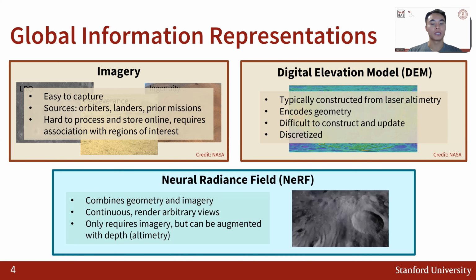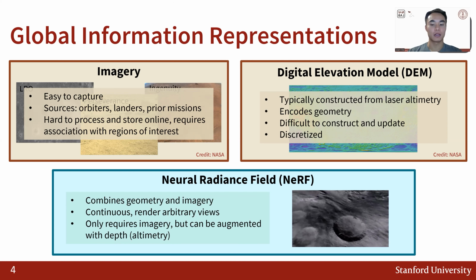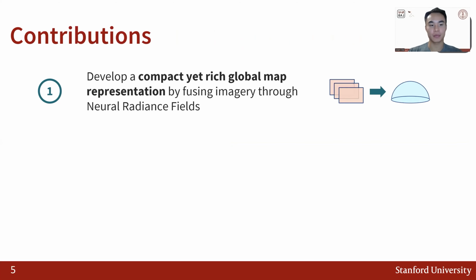So in this work, we use neural radiance fields, or NeRFs, as a novel representation for the map, and this representation combines both geometry and imagery, and it allows us to render arbitrary views of the scene, and only requires imagery to train, but can be augmented with depth information. I'll go into more details on this in the later slides.